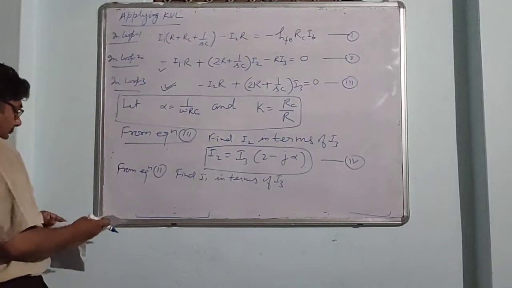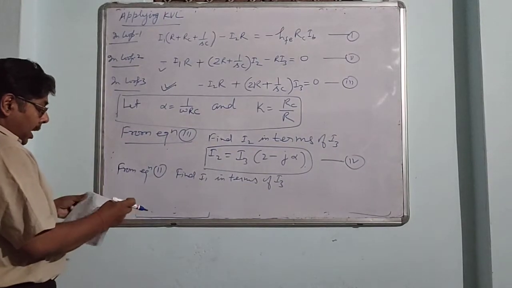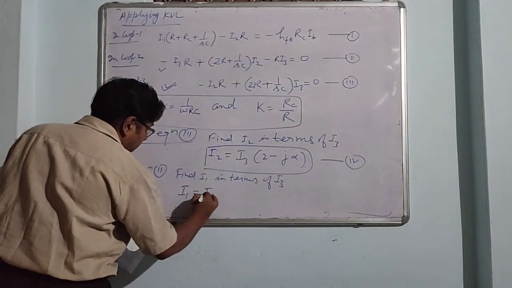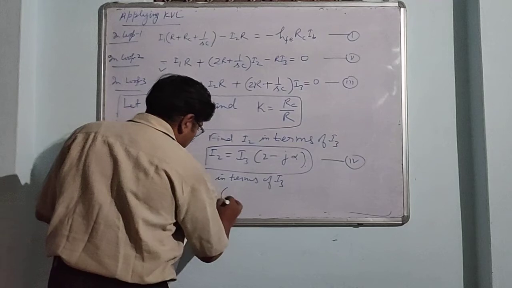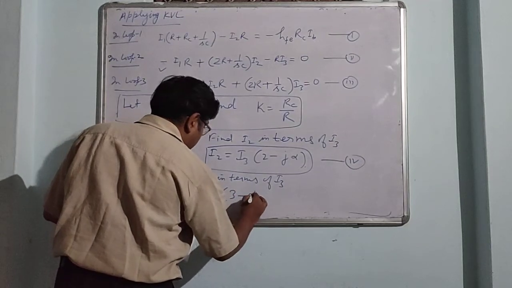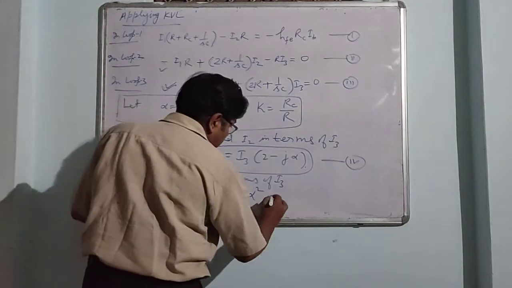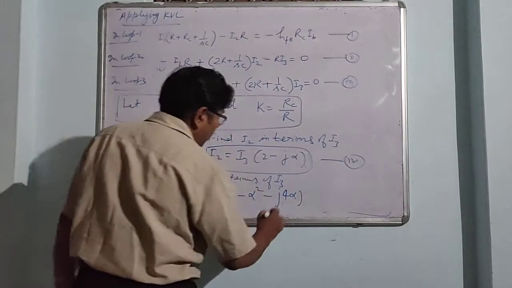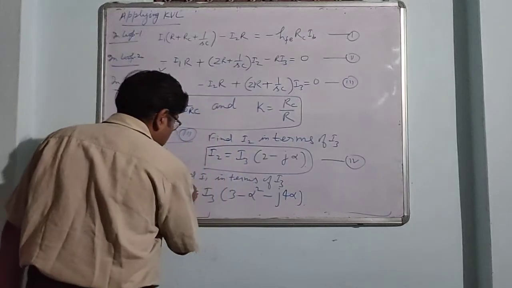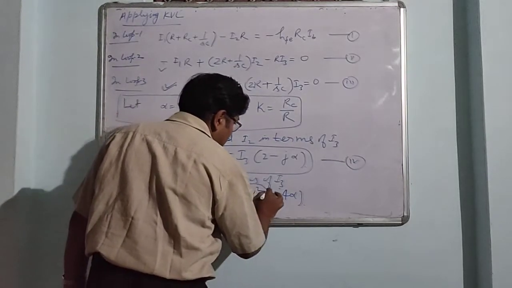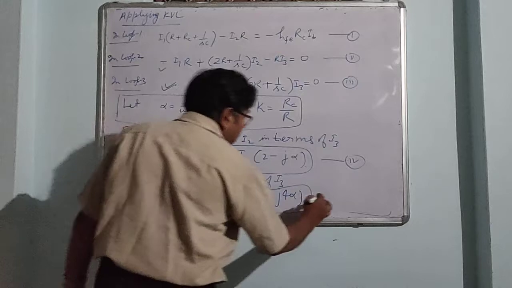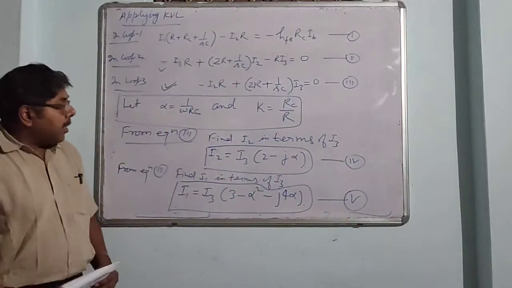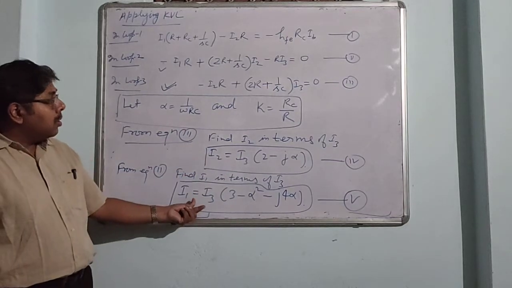From this I am directly writing I1 comes out to be I3 times 3 minus alpha square minus j4 alpha. So this is equation number 5. You can check these two values.